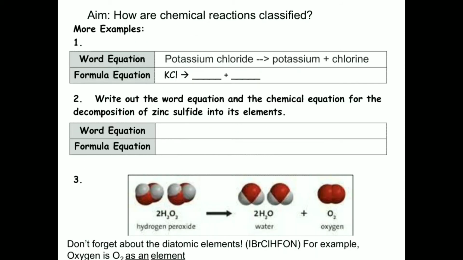Take a second to look at these other examples. Potassium chloride decomposes into potassium and chlorine. Now recall that chlorine is a diatomic element and requires a subscript of 2 in the elemental state. Here we have zinc sulfide decomposes into zinc and sulfur.